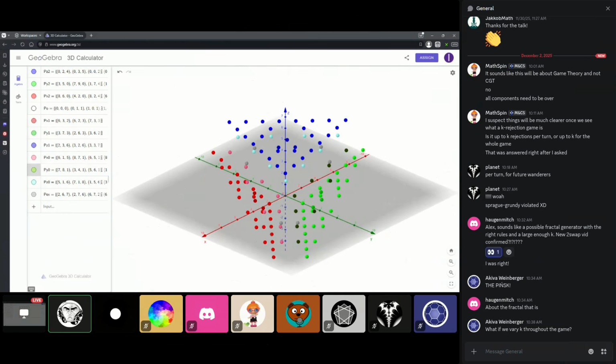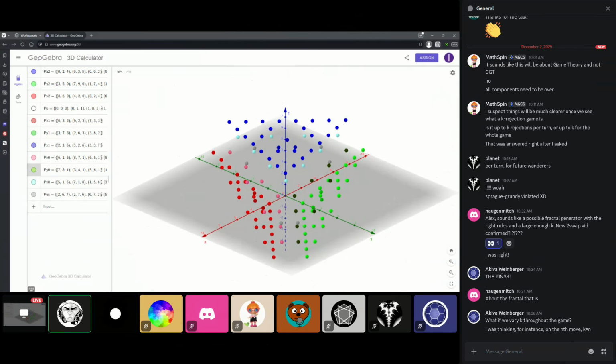If you allow K to vary through the game, unless the way that K varies is decided before any moves are played, you're basically playing with infinite K, so any person is forced by his or her opponent to play the worst move.